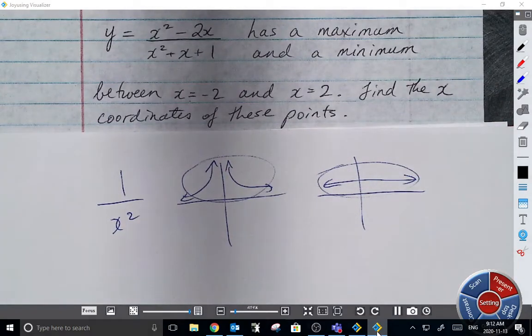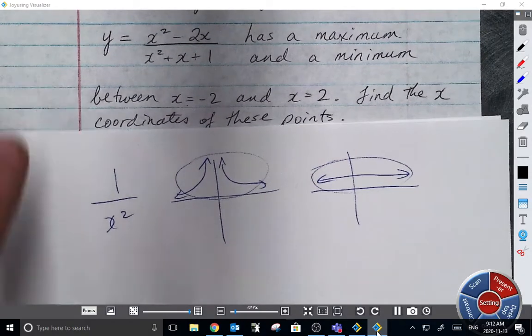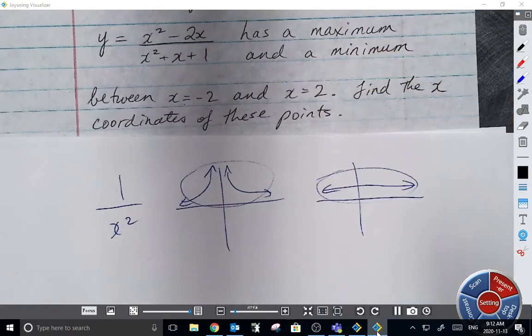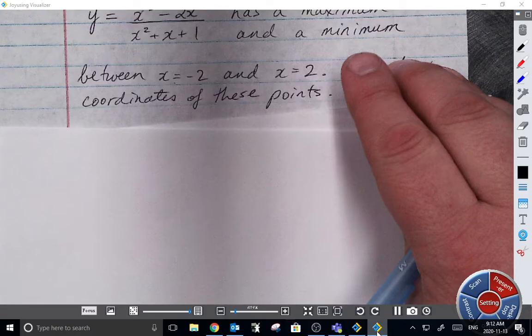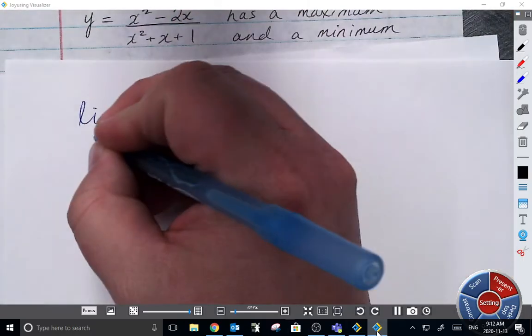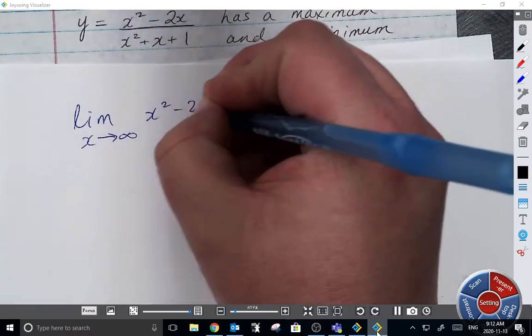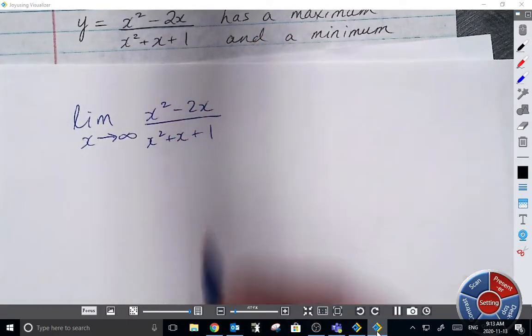Something else I could do to think about what this graph does is look at its limit. I was doing this with the class today. Suppose I wanted the limit as x approaches infinity of (x squared minus 2x) over (x squared plus x plus 1).